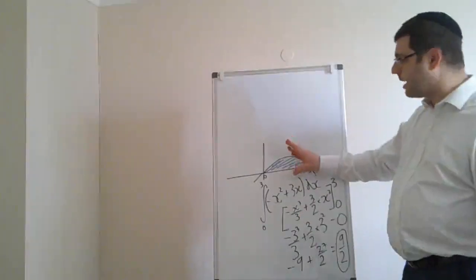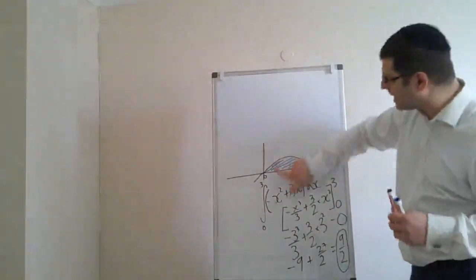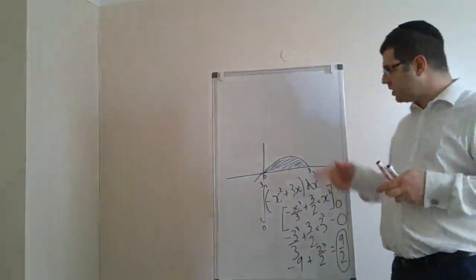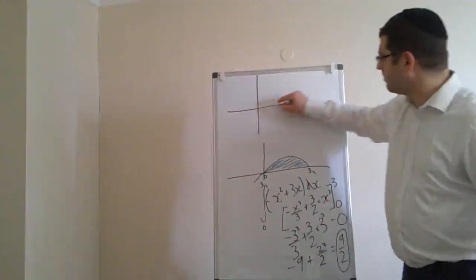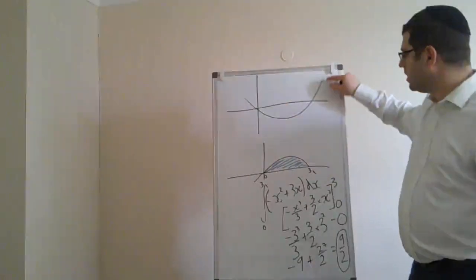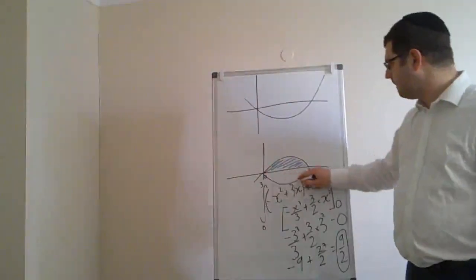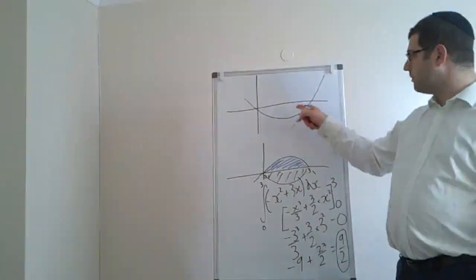I'm taking the exact same area, I'm not enlarging it or stretching it, I'm just reflecting in the x-axis, so the actual area has been preserved. So this graph here would turn into this graph here. If you reflect it, we're now looking at that area over there.